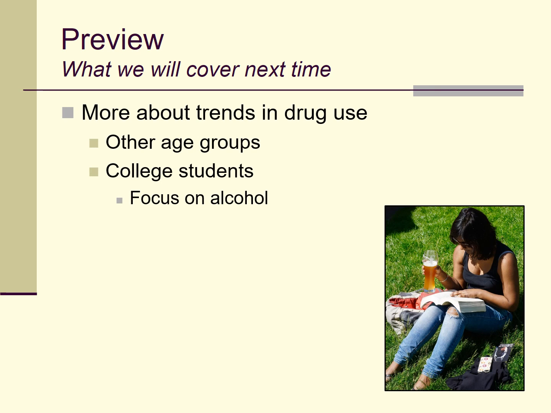As a preview, in the next lecture, we're just going to do more of the same. I'm going to talk about more trends in drug use, not just focusing on young people, but also on other age groups, including college students, and there even more so focusing on alcohol.